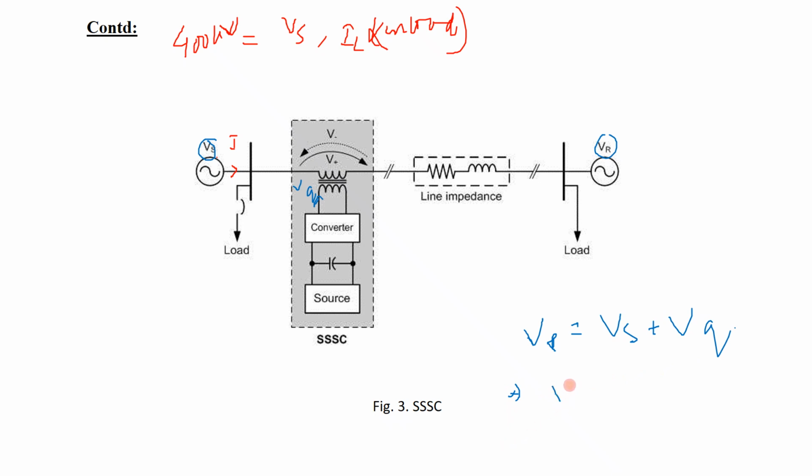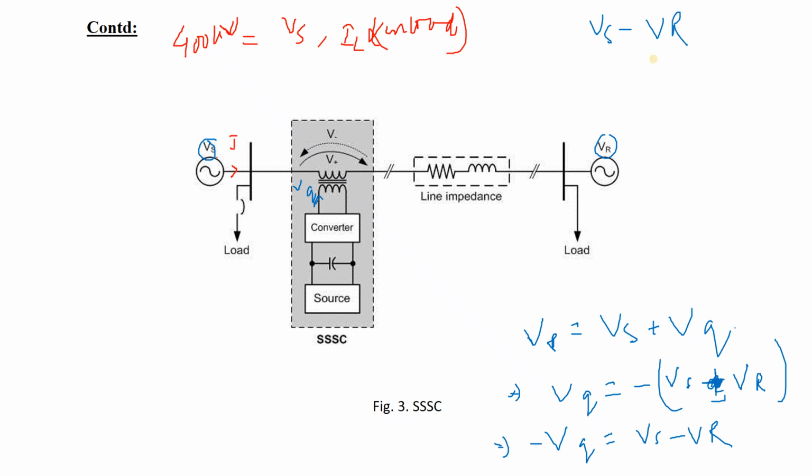So VQ can be written as Vr minus Vs. Now if it is minus VQ, then it is Vs minus Vr.